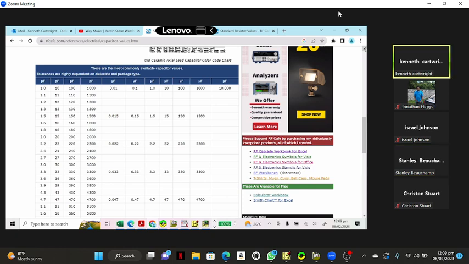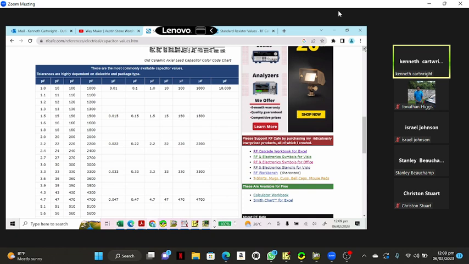And that's 0.015 times 10 to the minus 6, which is equal to 15 times 10 to the minus 9, isn't that right?